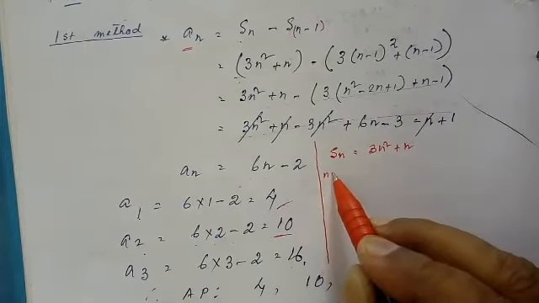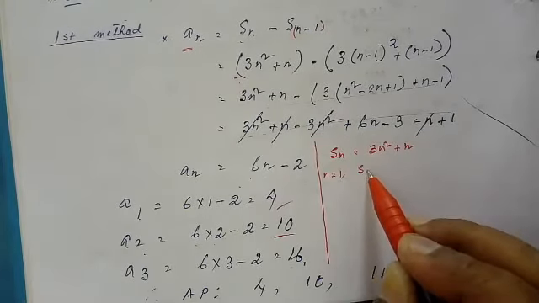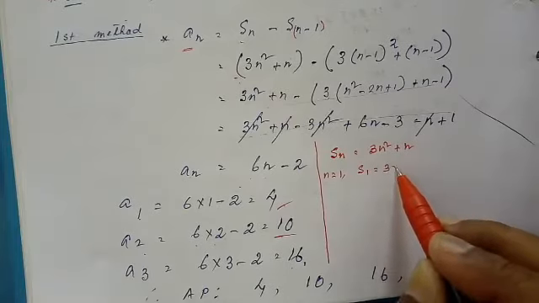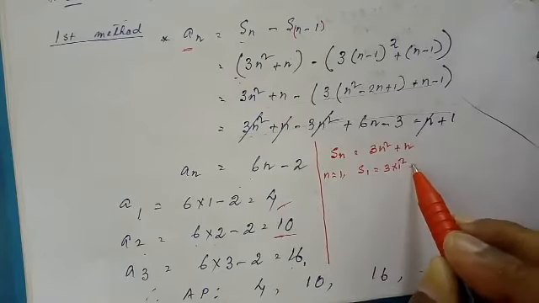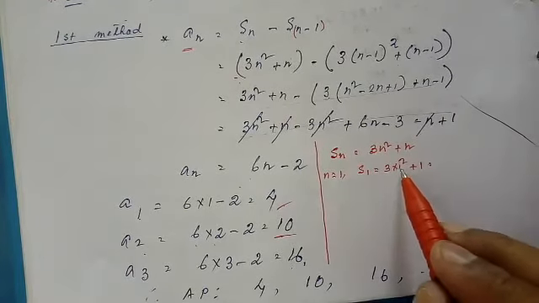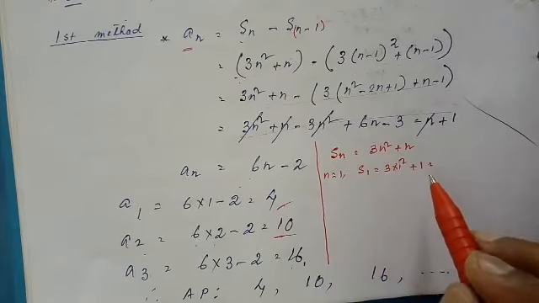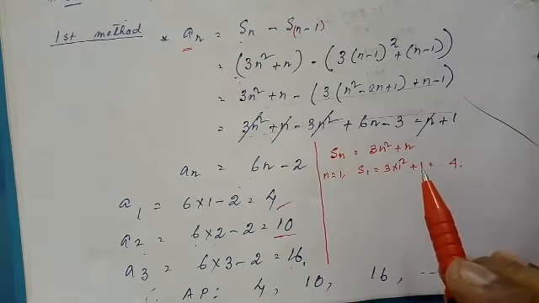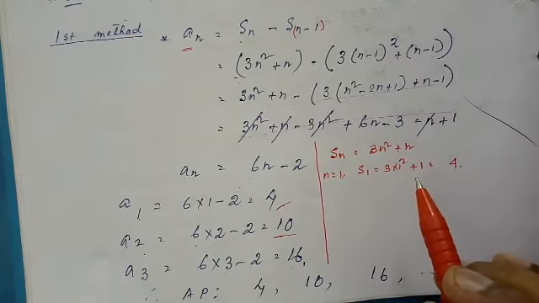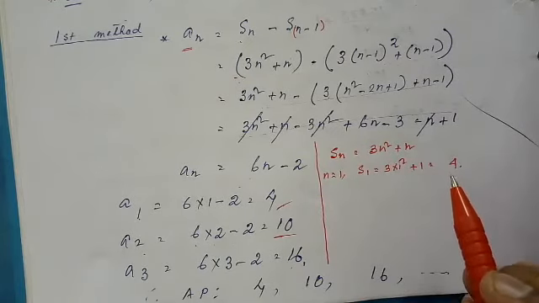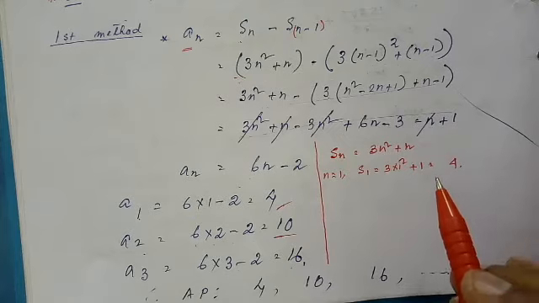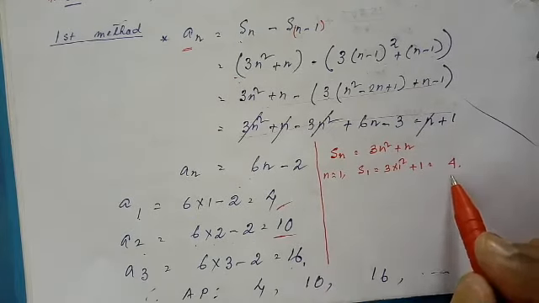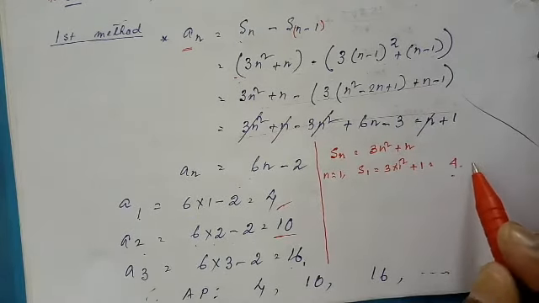For n is equal to 1, S1 is equal to 3 into 1 square plus 1. 1 square means 1, 3 into 1, 3 plus 1, 4. So sum of first term is 4. What does it mean? Sum of first term means the term itself. So the first term is 4.